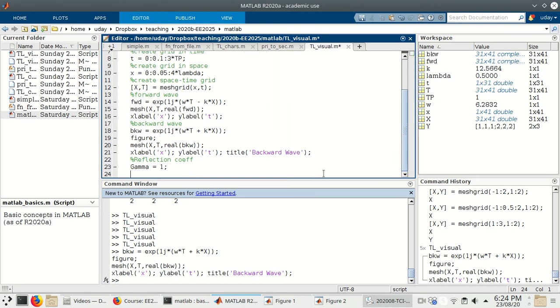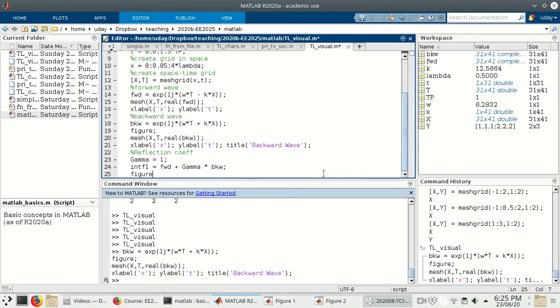So let's call this an interfered wave. Let's give it a name, interfered wave 1, and this is simply going to be the forward wave plus gamma times the backward wave. Right, that's what we want. Now we want to visualize this.